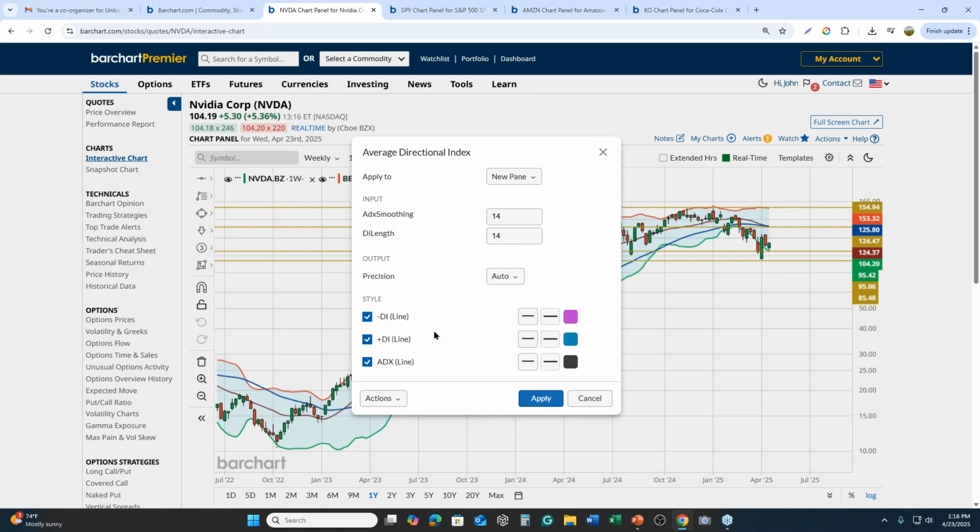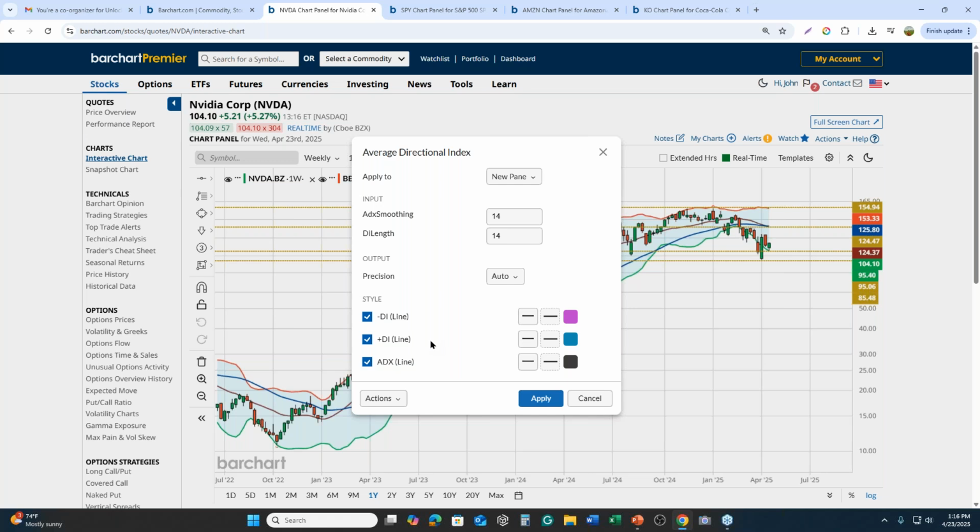It's basically going to show us who is winning that battle, those up and down battles. Now, again, I'm not concerned with signals or crossover signals. I'm only using ADX here as a trend identifier or a strength of an existing trend.